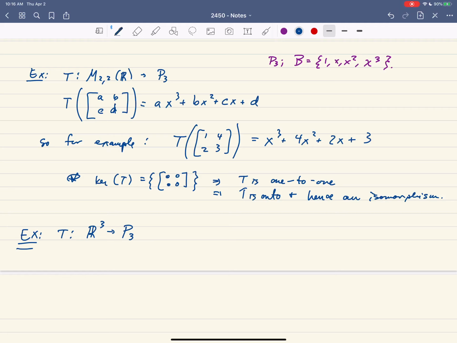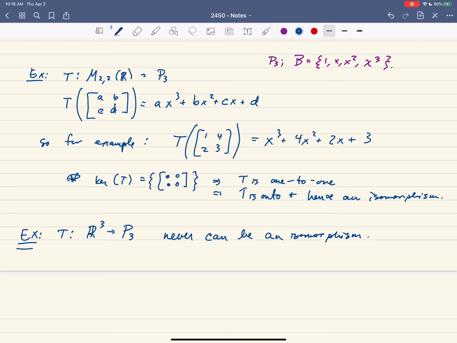And what I want to say is, come up with whatever function you want here. I don't care what it is. This linear transformation can never be an isomorphism. It just can't ever be an isomorphism.